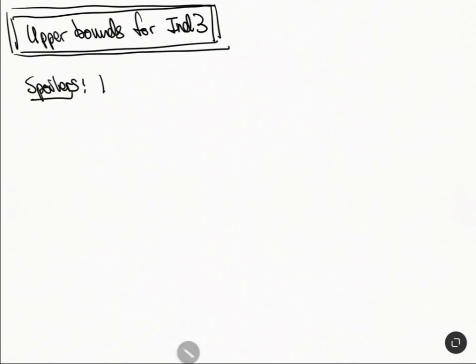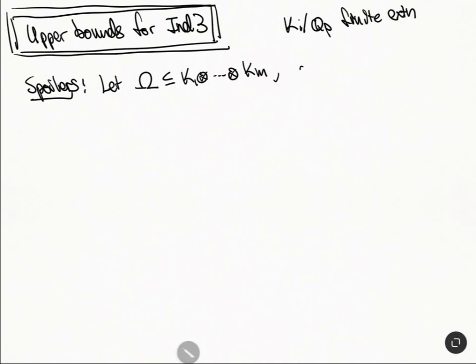So let omega be some subset of K1 tensor ... tensor Km. These Ki's over Q_p are finite extensions. We're going to take A in Km with p-adic absolute value less than 1.